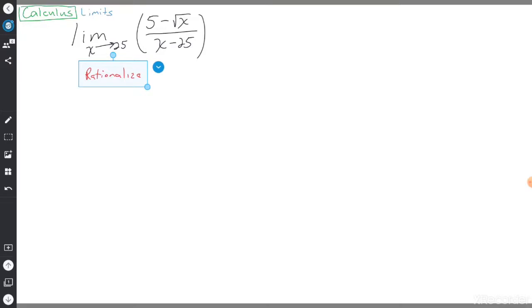Rationalizing is doing the opposite sign of what's in front of the radical. So when we rationalize that, we take 5 plus, instead of minus, the square root of x and multiply that to both the numerator and denominator.